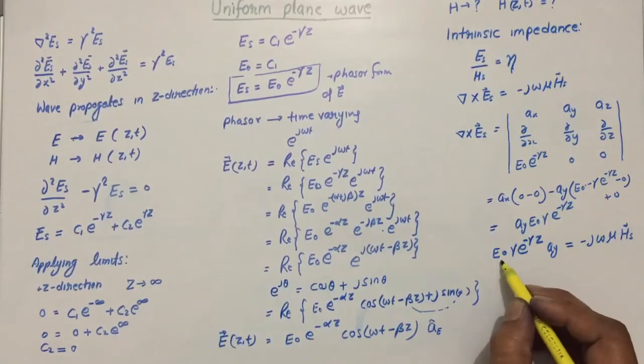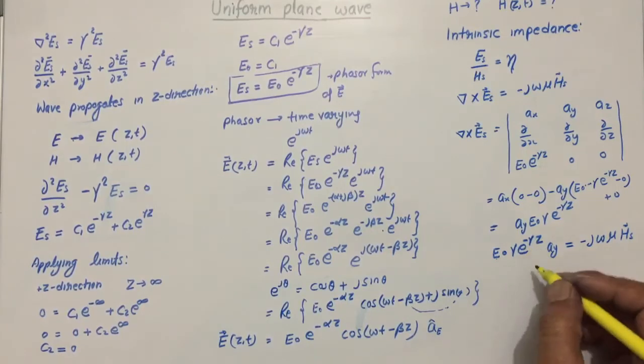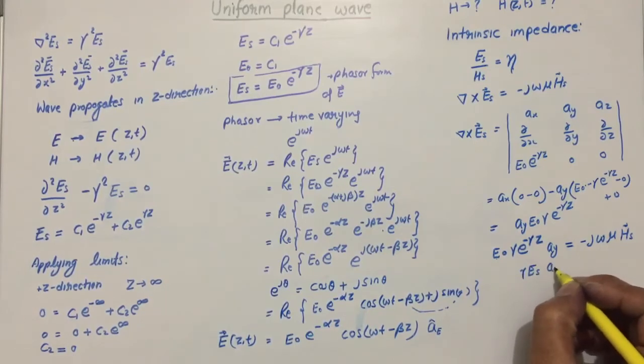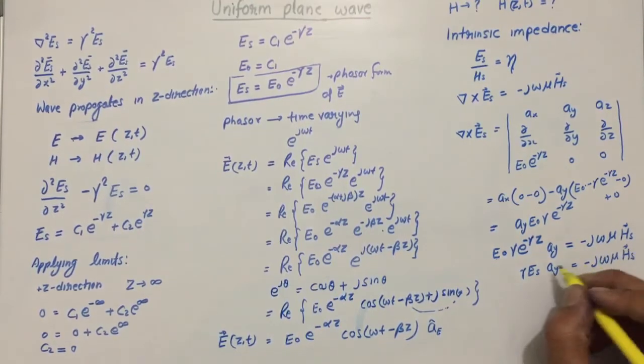Take gamma out here. The remaining terms, E naught e to the power minus gamma z, is Es. So we can write gamma Es in the direction of a_y should be equal to minus j omega mu Hs. We can write like this.